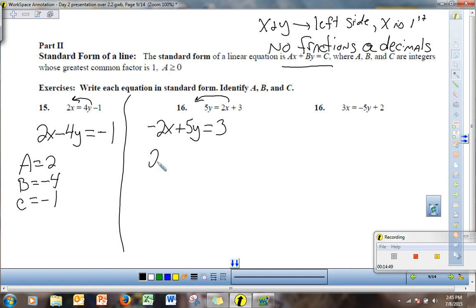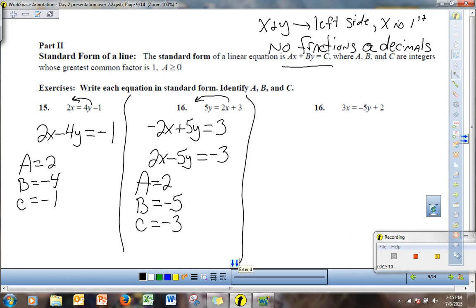So I've got positive 2x minus 5y equals negative 3. Now it's in standard form, where A is 2, B is negative 5, C is negative 3.